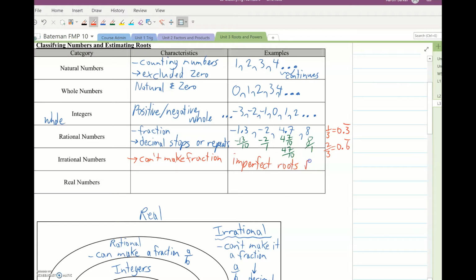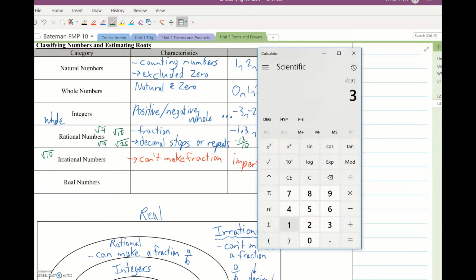For example, square root 3, square root 5, and pi is also an irrational number. Compare that to square root 4, square root 9, square root 16, square root 25. An irrational number would be something like square root 10. It goes forever on your calculator.